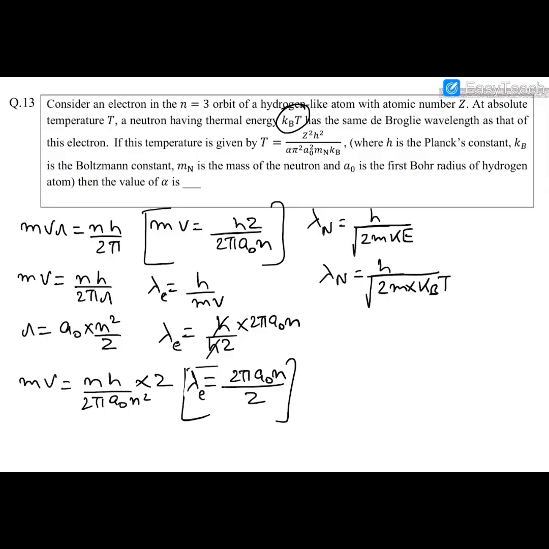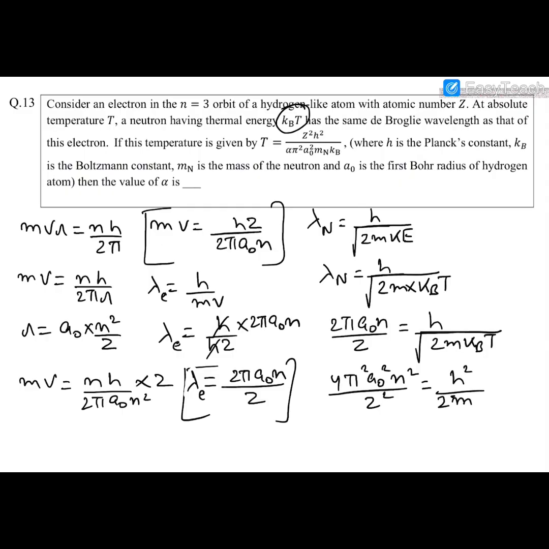So these two are equal, so 2 pi a naught n by Z is equal to h upon under root of 2m kBT. So this is 4 pi square a naught square n square by Z square is equal to h square by 2m into kBT, and T will be equal to h square Z square upon 8 pi square a naught square kB.